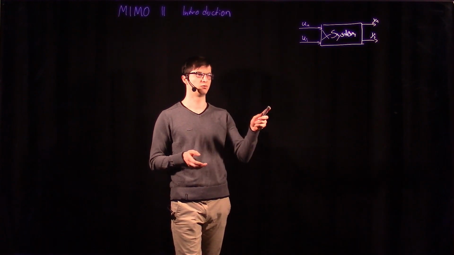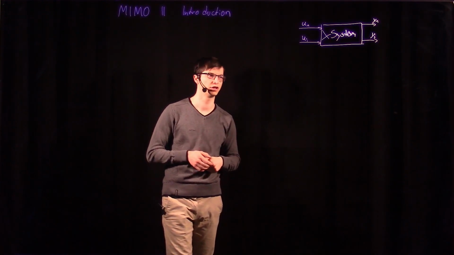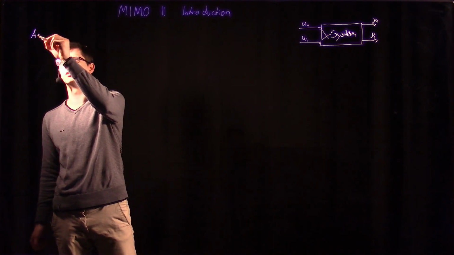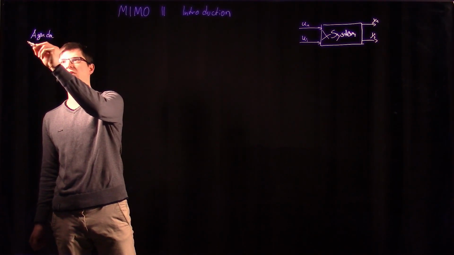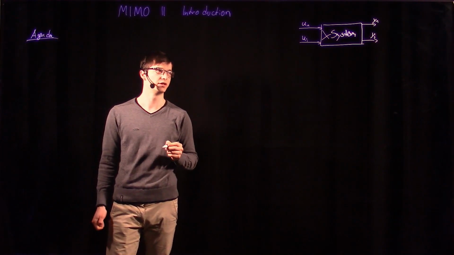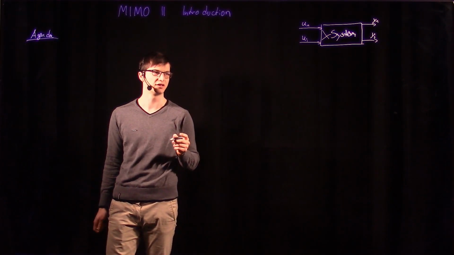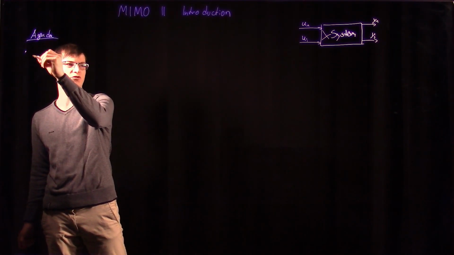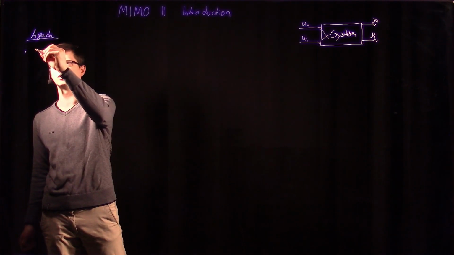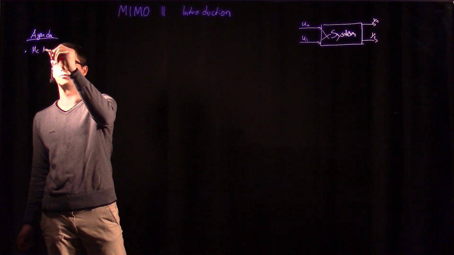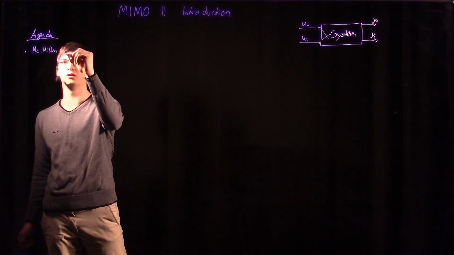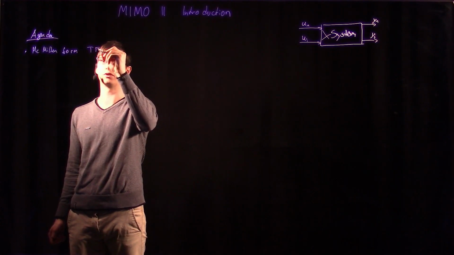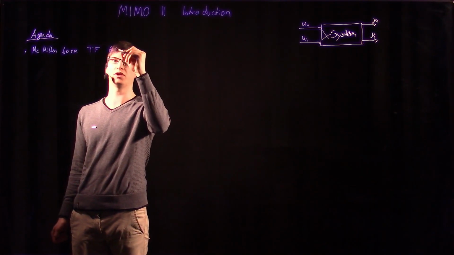Okay, this is where we ended in the last lecture, and in this lecture we will have the following agenda. We will analyze our system more closely, and therefore we will have a look at the so-called Macmillan form of the transfer matrix G(s).